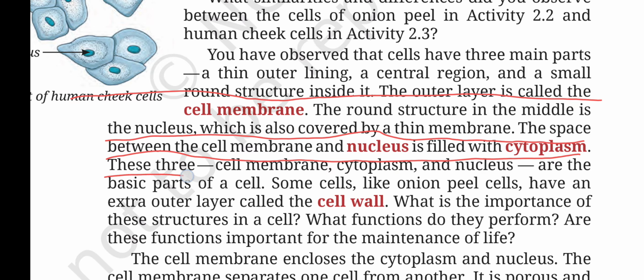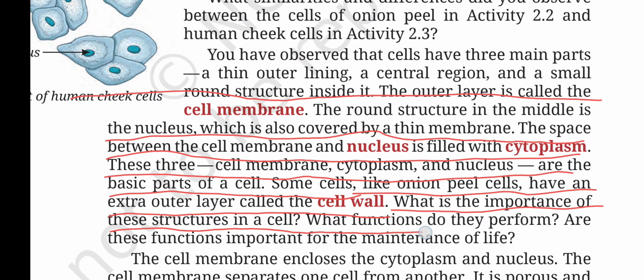The space between the cell membrane and nucleus is filled with cytoplasm. These three, cell membrane, cytoplasm, and nucleus, are the basic parts of a cell. Some cells, like onion peel cell, have an extra outer layer called the cell wall.